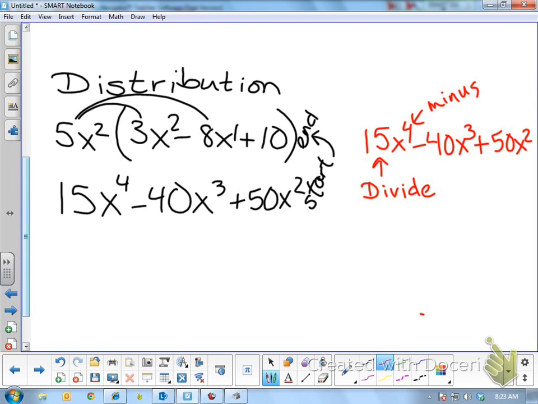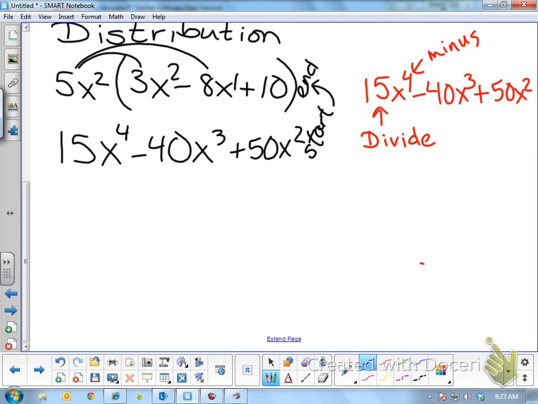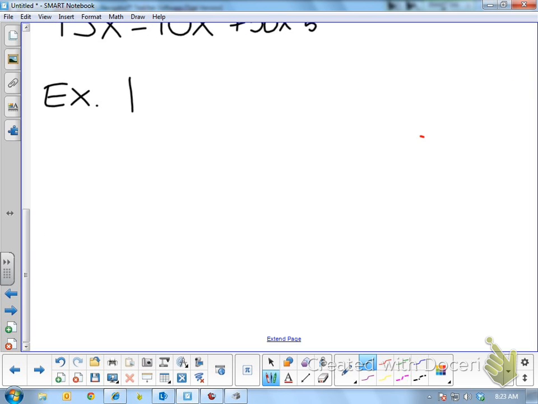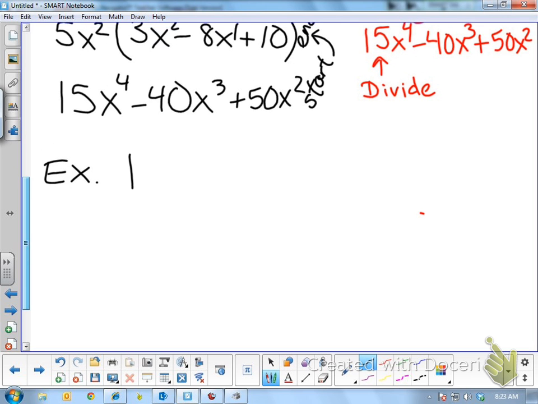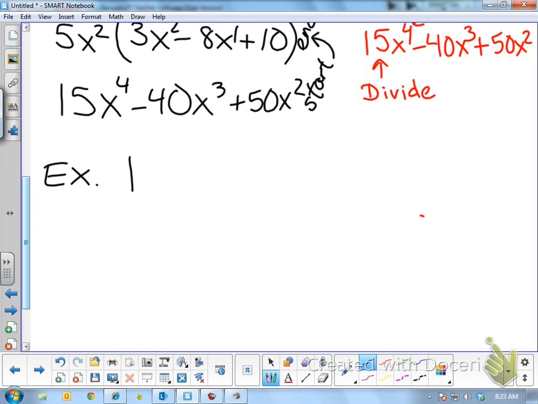So let's try an example. So let's say we have 3x to the 5th minus 18x to the 4th plus 27x squared plus 9x.